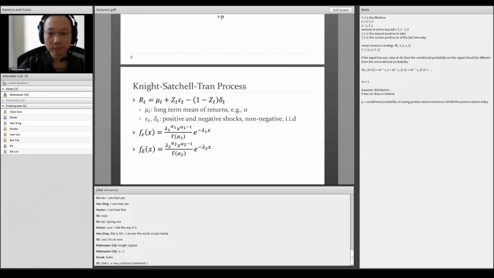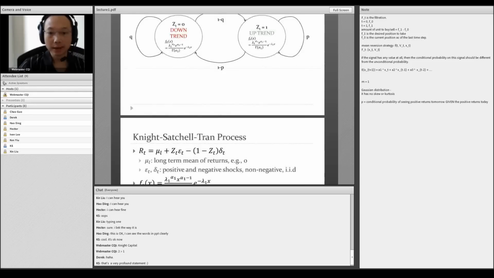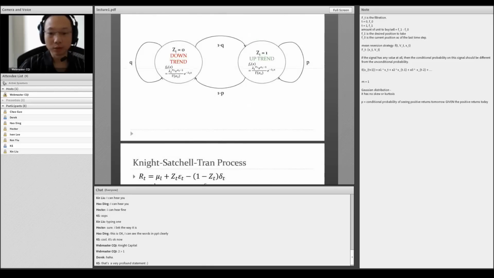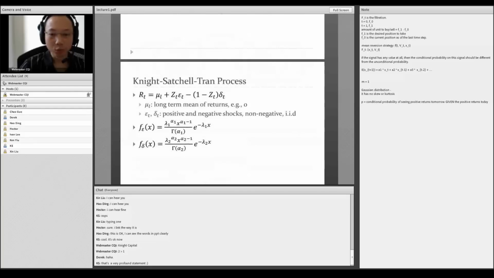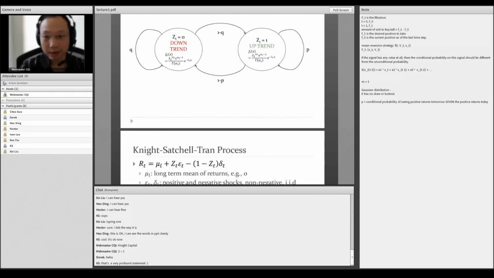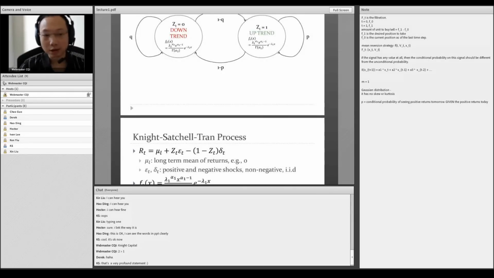So we can convert the conditional returns. By the way, these two distributions are conditional distributions now. Conditional distribution means this distribution is only conditional upon you having a positive return. So this is the conditional distribution for the positive returns, meaning that it only describes the positive shock in the market.